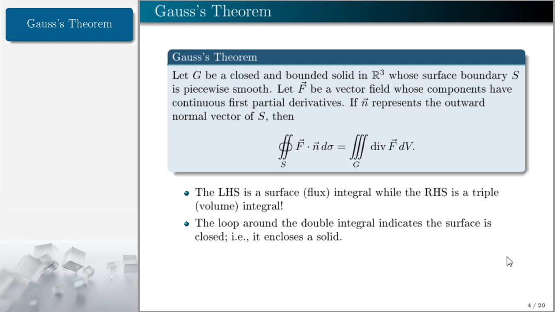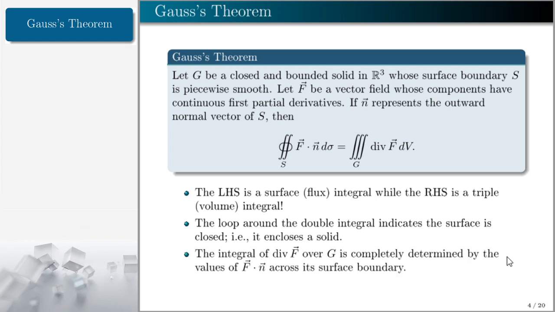Now, Gauss's theorem is a very powerful theorem, as not only does it give us another method in finding the flux. In general, what it means is that even though to study a triple integral, we need to evaluate the divergence of f at every single point, Gauss's theorem states that the integral of the divergence of f is completely determined by the values of f dot n across its surface boundary, which means the whole of the solid is studied by just studying its boundary.